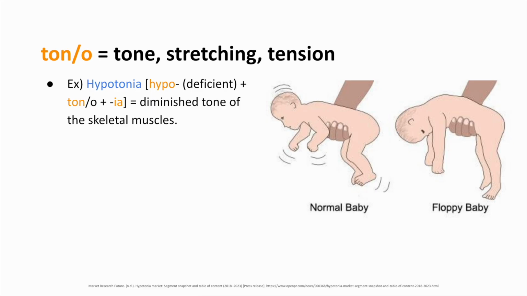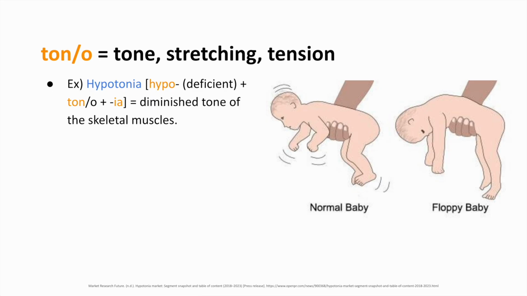Now I realize it's kind of a grotesque diagram, but normally you should have some tension in your muscles and you would lift up your head, and the baby would wiggle too. But if you have hypotonia, a lack of tone in the muscles, the baby will just let all their muscles fall down along the gravity.